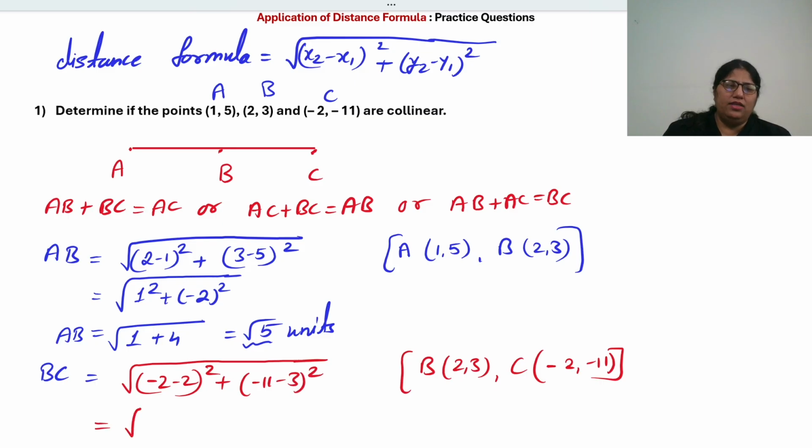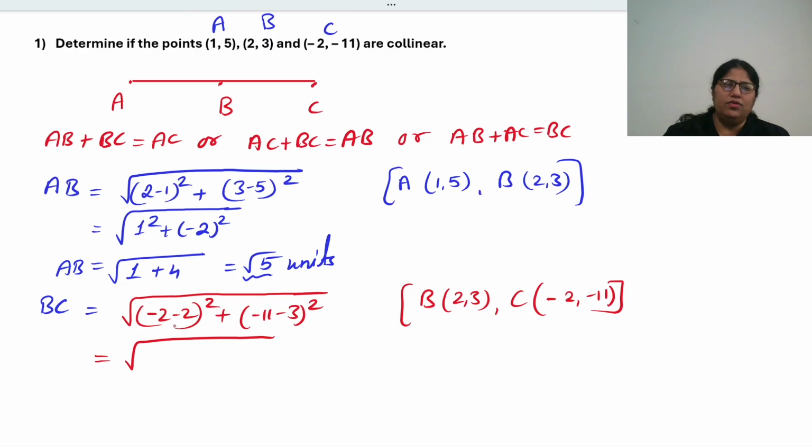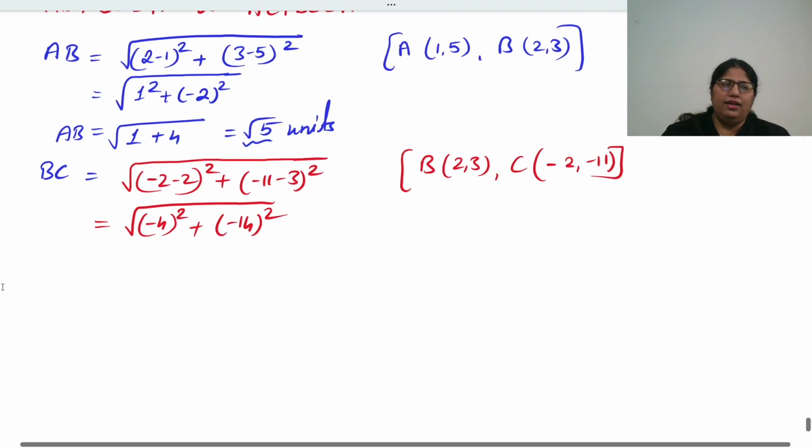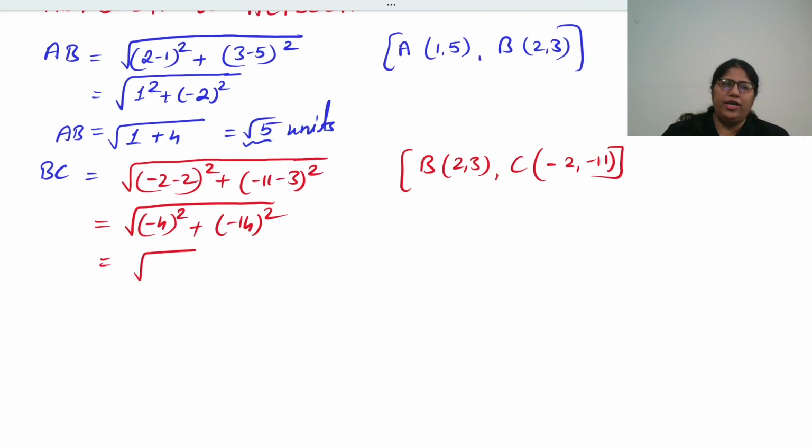Like signs are always added, so it becomes (-4) whole square plus (-14) whole square. After simplification, it is 16 plus 196. What is the total value here? It is 212.